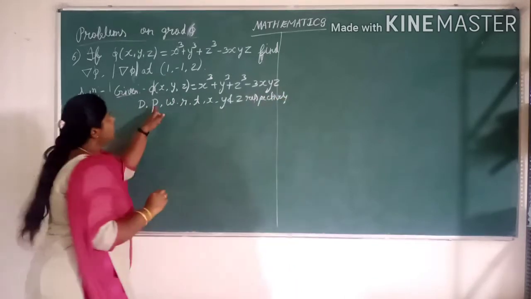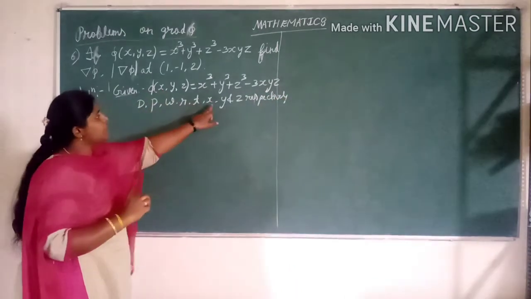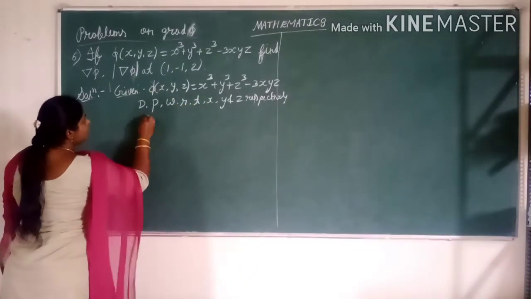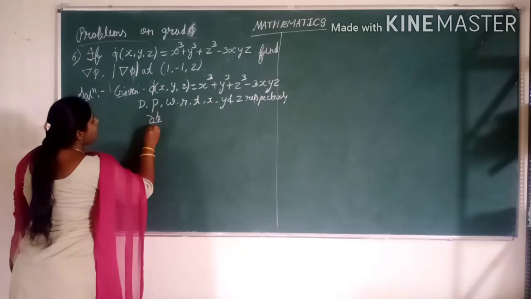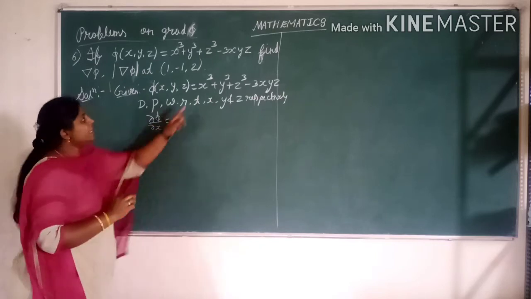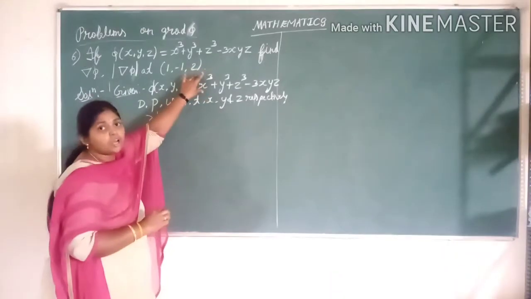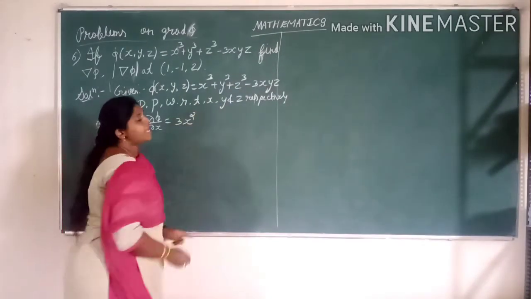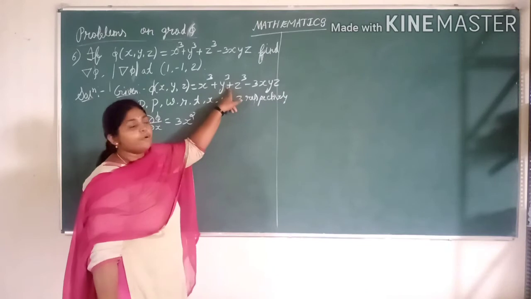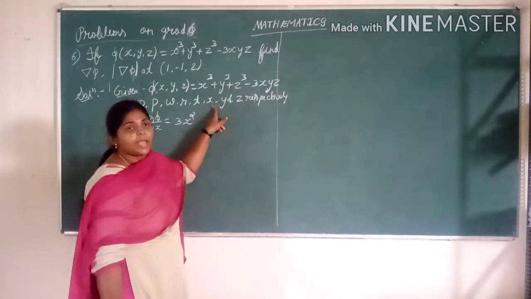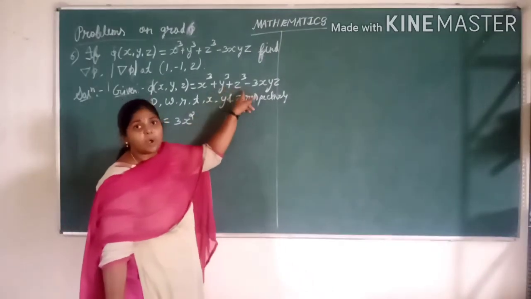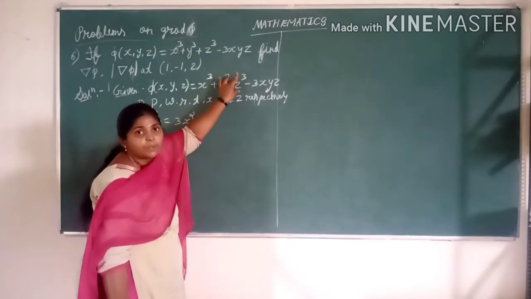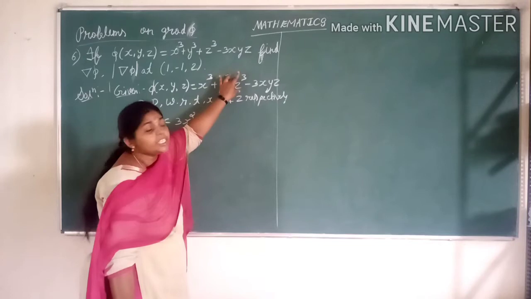First, differentiate phi partially with respect to x. The left hand side is dou phi by dou x, equal to, on the right hand side, the differentiation of x cube with respect to x is 3x square, plus the differentiation of y cube. By differentiating with respect to x, y and z are constants, and the differentiation of a constant is 0.